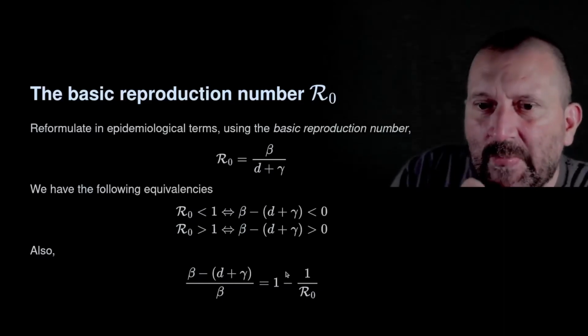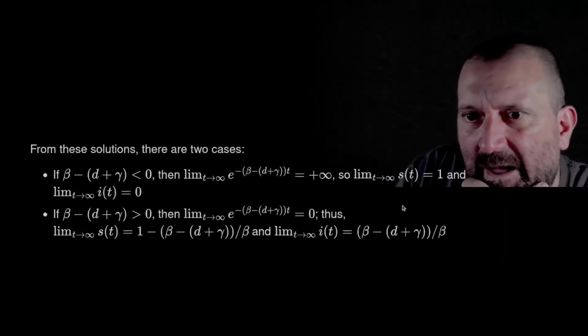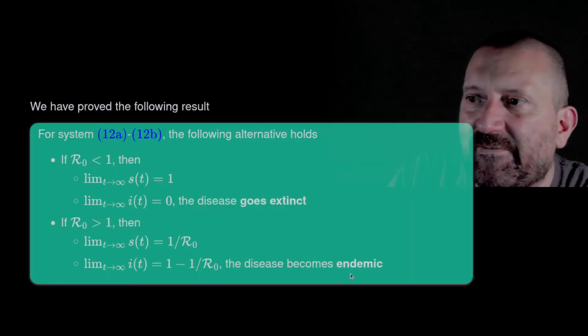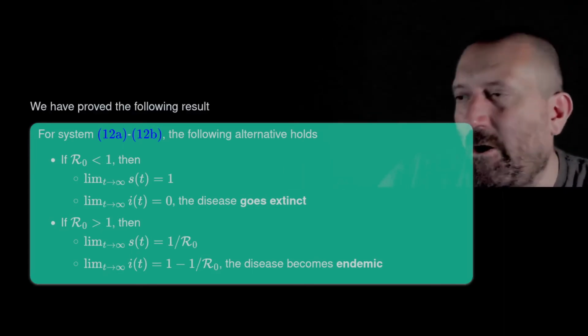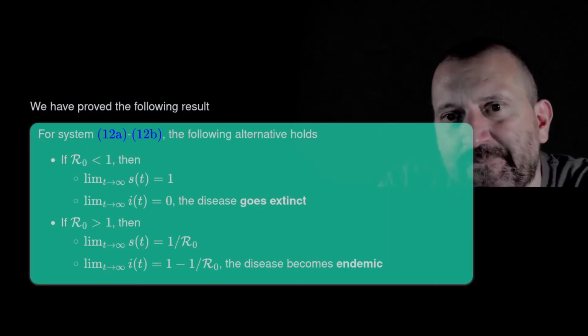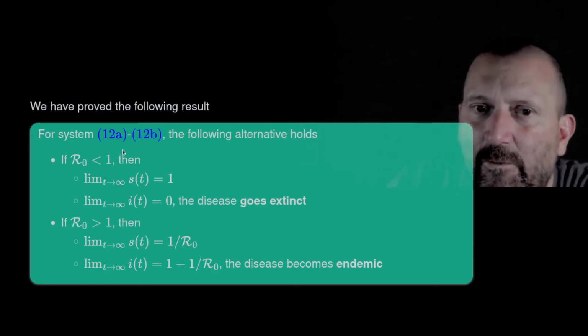And also, these limits that I get here, I can express as a function of R0. Okay, that means that I can formulate a result like this. If I look at my system in proportion, I have the following alternative.